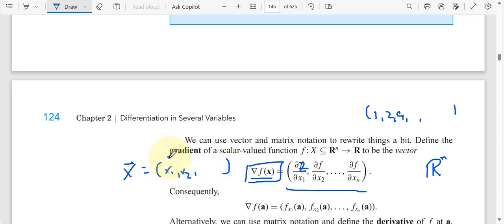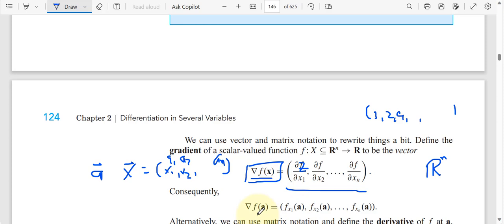For example, we might say when x1 is a1, when x2 is a2, where a1, a2 are particular numbers, and so on up to the end. We'll call that a, because this might naturally be called a.